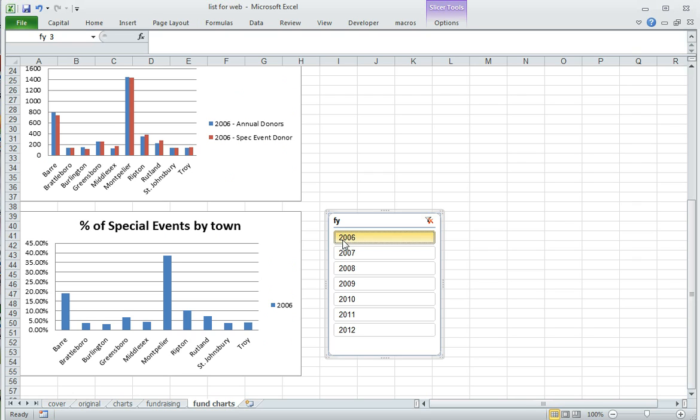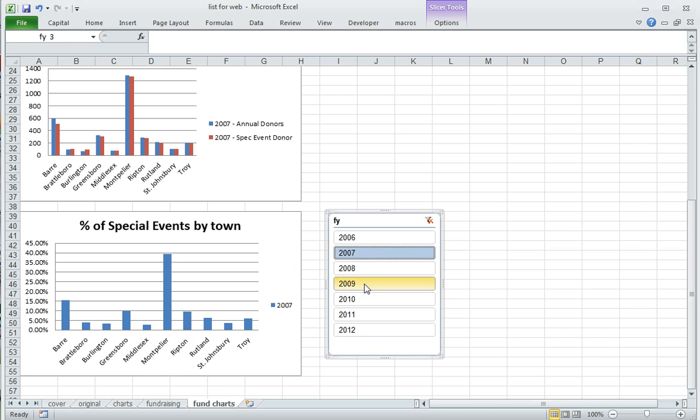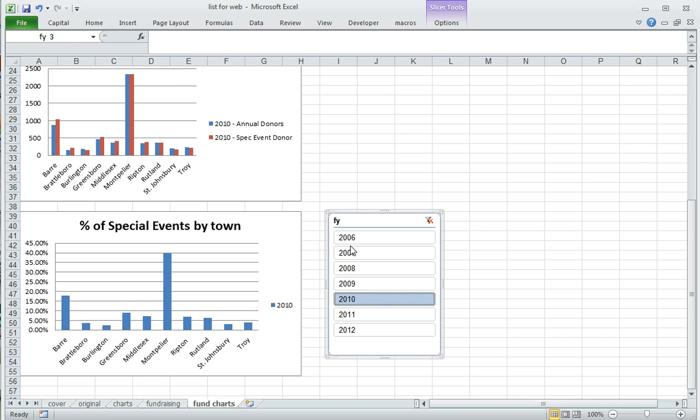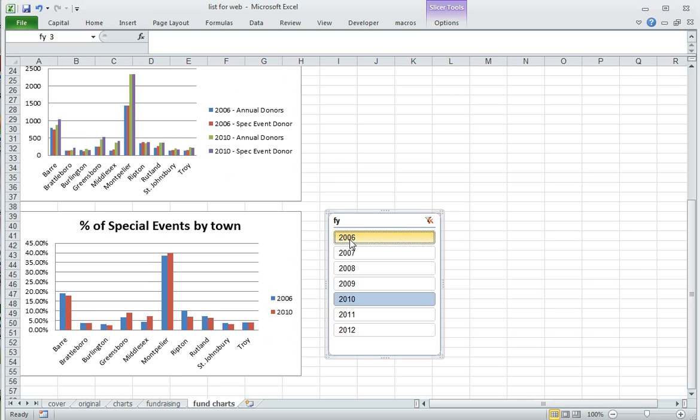But I can look at 2006 or 2007 or 2010 or 2006 and 2010. So again, you can manipulate data. This is a percentage of the total. These are the actual totals. And you can do pretty much whatever you want. Okay, that just gave you kind of an overview as to what you can do with data in Excel.